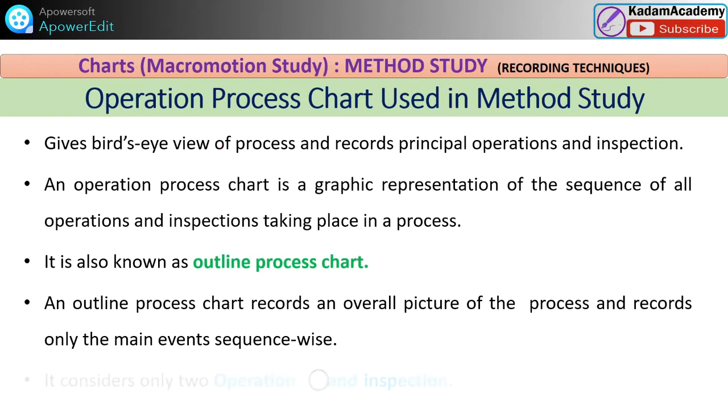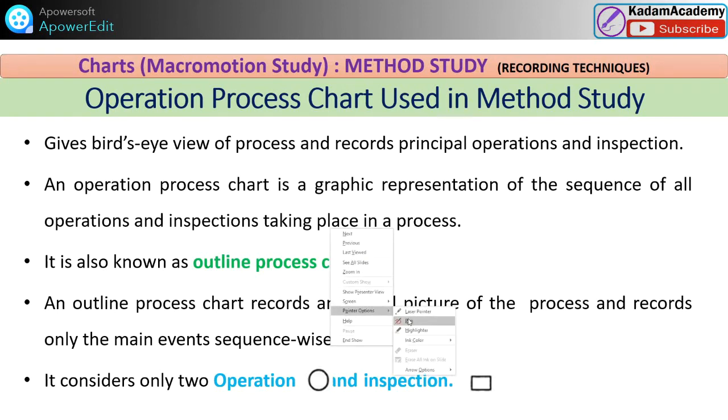Here what will be represented in the operation process chart is operation and inspection, shown with symbols. But how to draw that?